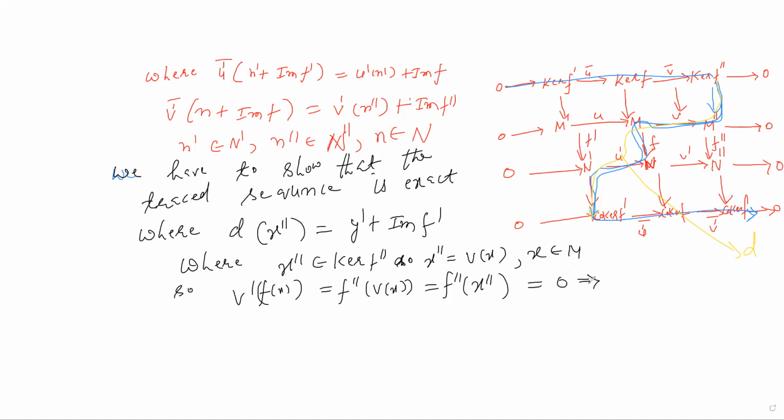So this actually implies that f of x belongs to kernel of v dash, which is equal to image of u dash. So this means f of x equals u dash of y dash, y dash belonging to n dash, sorry.